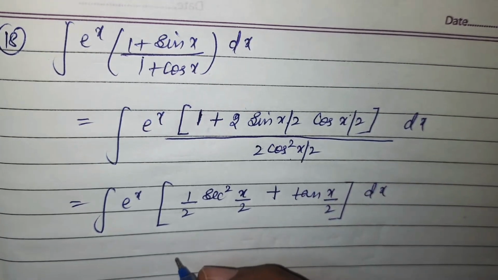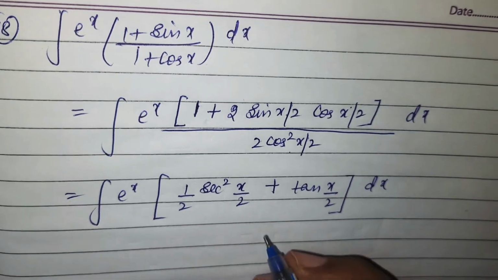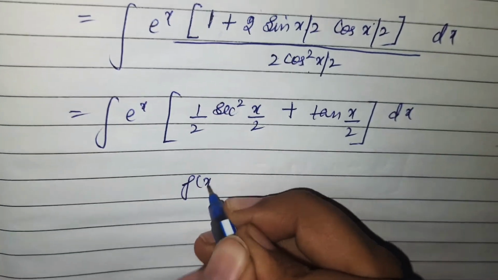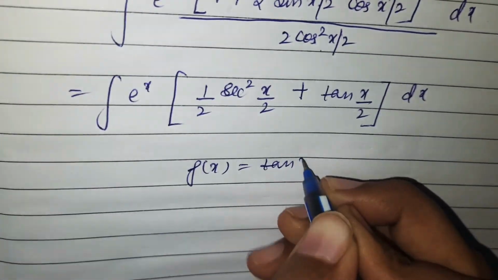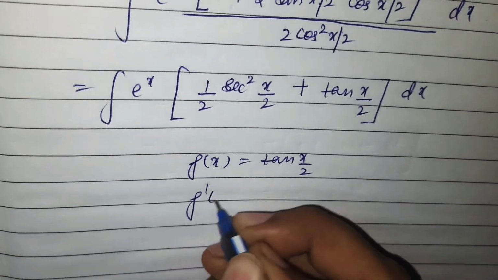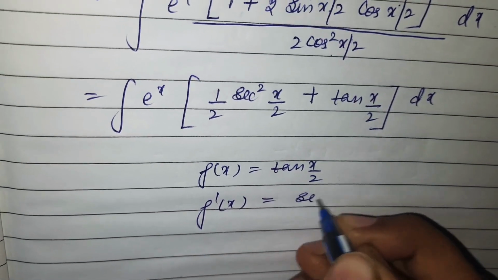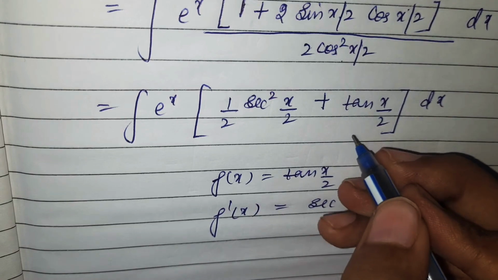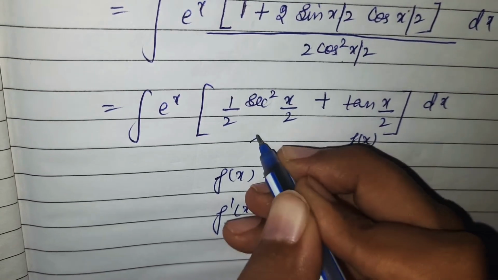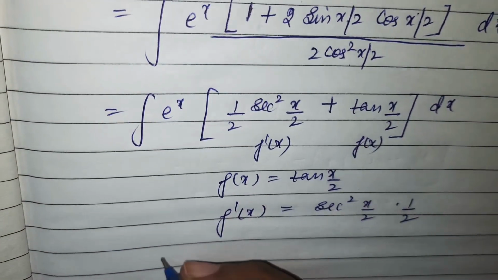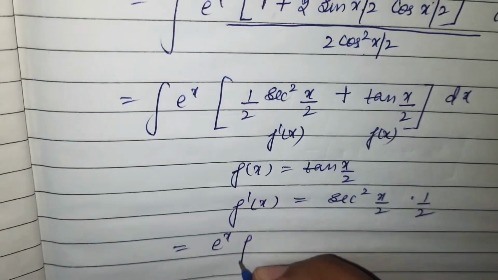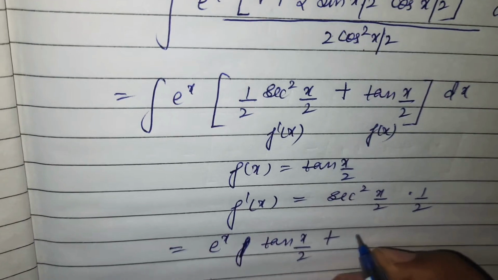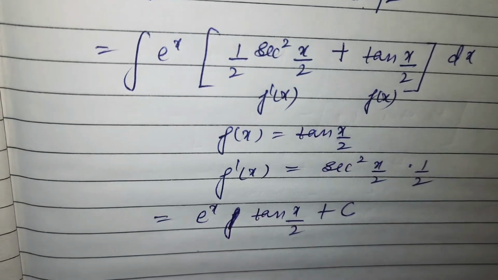If I take f(x) as tan x by 2, then f dash x will be sec square x by 2 into 1 by 2. So this is your f(x) and this is your f dash x. So the final answer is e^x tan x by 2 plus c. This will be your final answer.